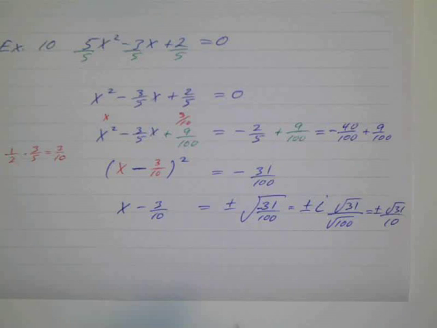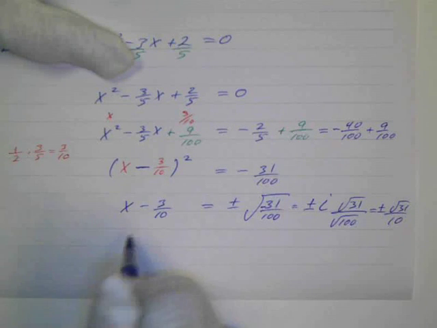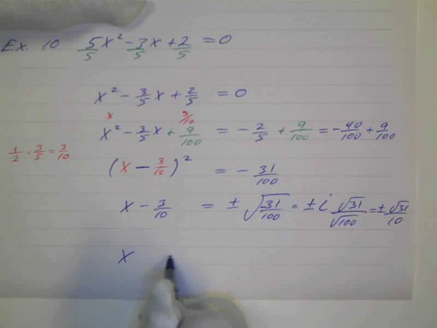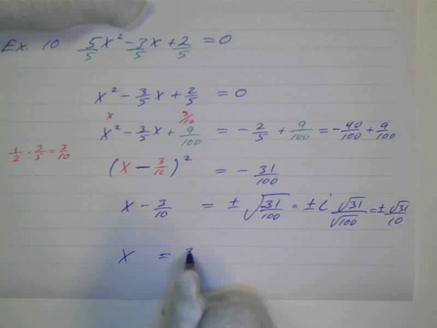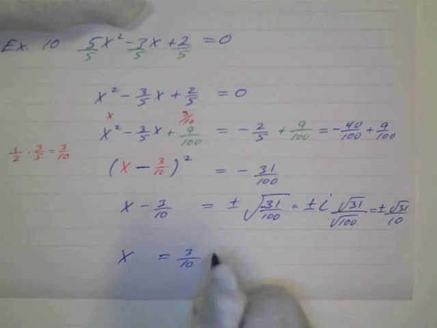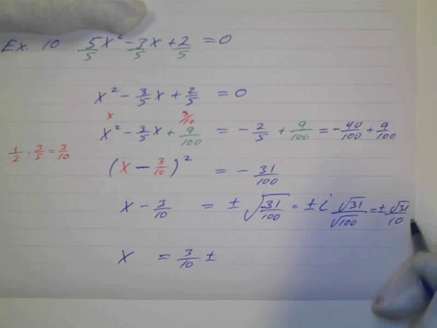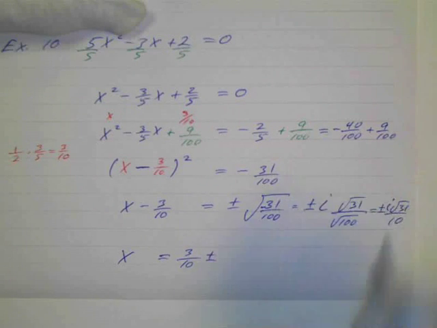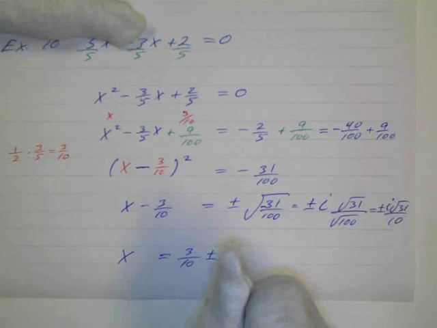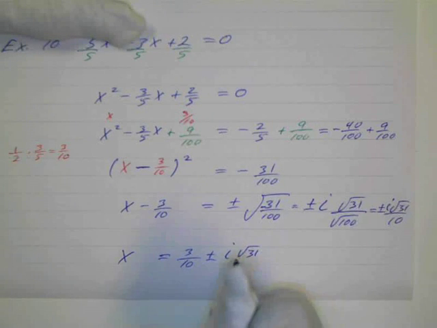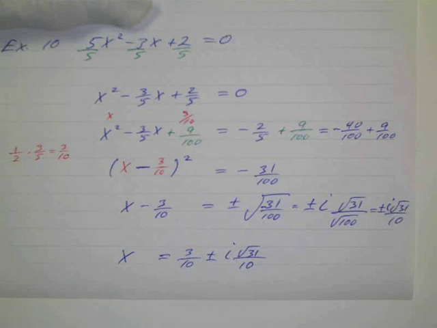And then I'll add 3/10 to both sides, so I have x equals 3 over 10 plus or minus, oops, I forgot the i. Plus or minus i times the square root of 31 over 10.